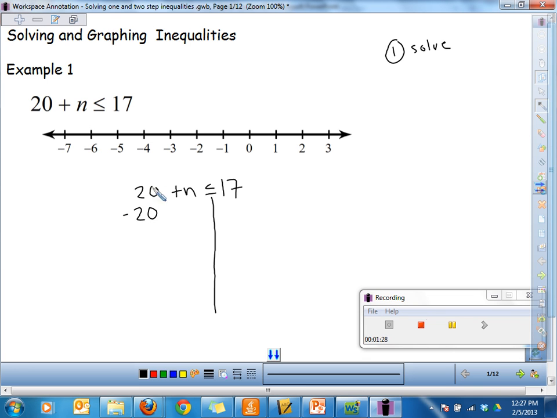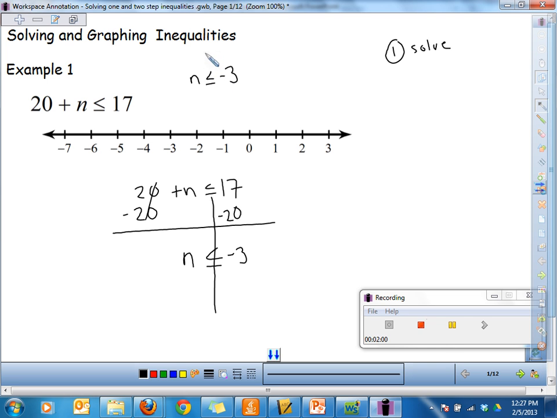To undo plus 20, I'm going to minus 20. Anything I do to this side, I have to do to the other side. This cancels out, I'm left with n, bring down my inequality sign, less than or equal to, and 17 minus 20 is negative 3. So my inequality is that n is less than or equal to negative 3.